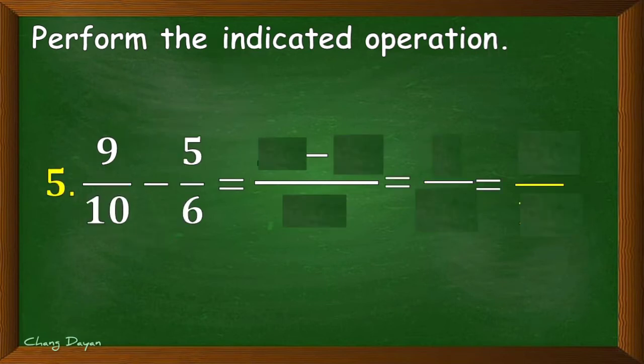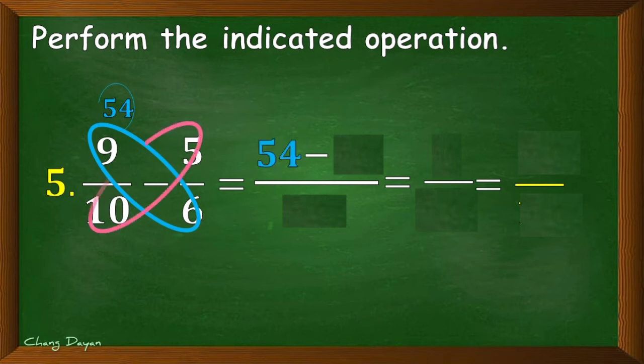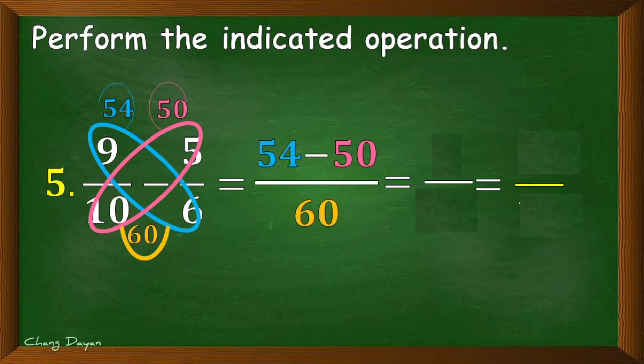Next, number 5. 9 over 10 minus 5 over 6. Multiply 9 times 6, that is 54. Then, 5 times 10, the answer is 50. Then, i-multiply natin ang 10 at 6. And our answer here is 60. Proceed sa subtraction ng numerator. 54 minus 50, ang sagot ay 4.